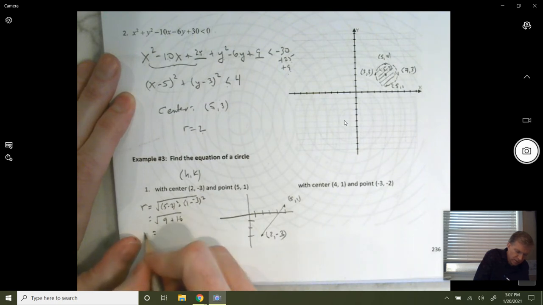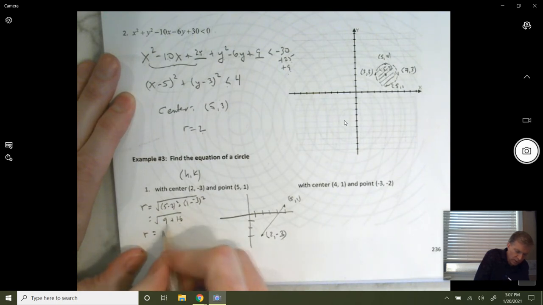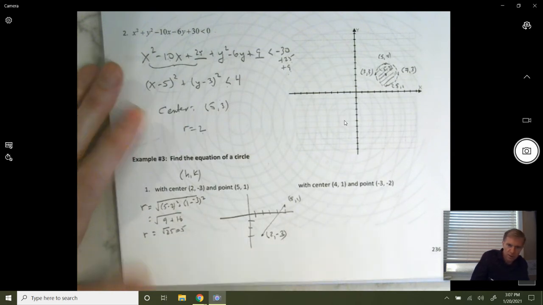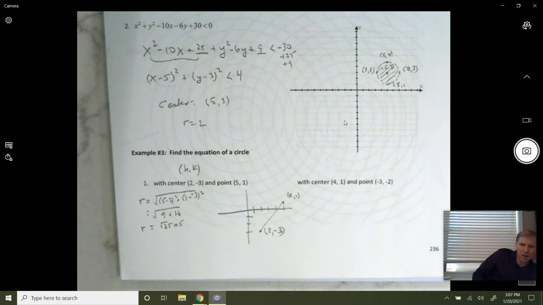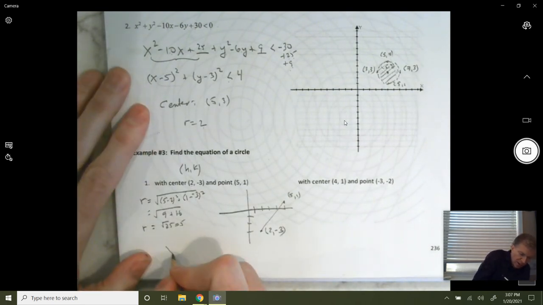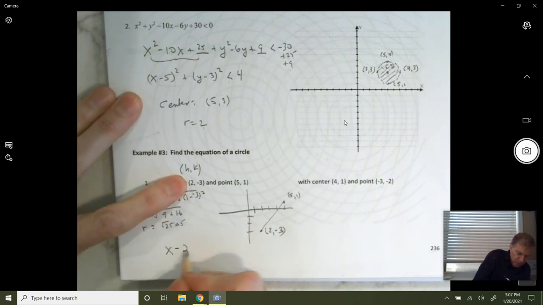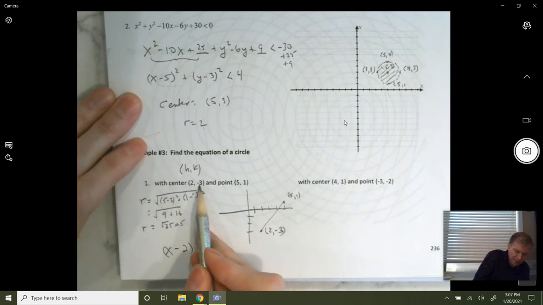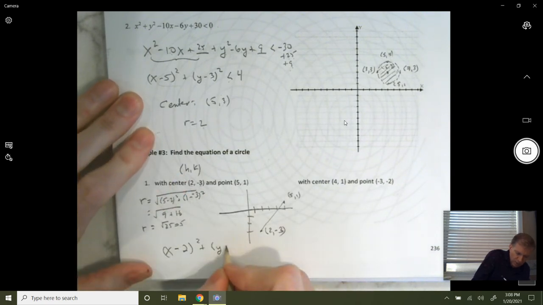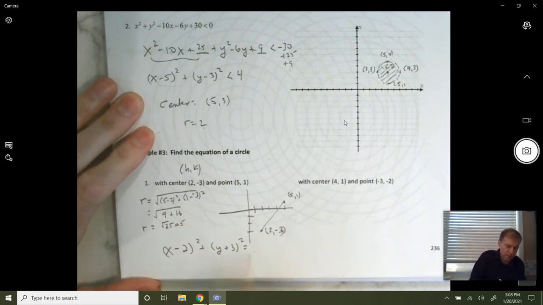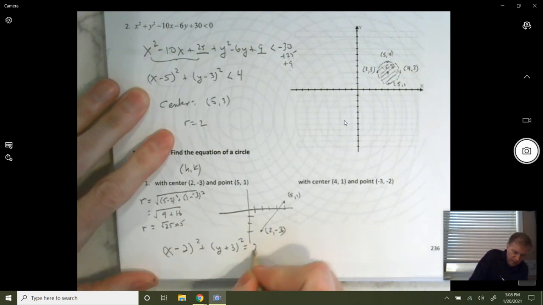So your radius is equal to root 25, or 5. Okay, so now we have enough to come up with the equation of our circle. And remember, it's (x minus h). Our h value is 2, so (x minus 2) squared plus (y minus k), y minus a negative 3, so (y plus 3) squared is equal to your radius squared. The radius is 5, so the radius squared is 25.